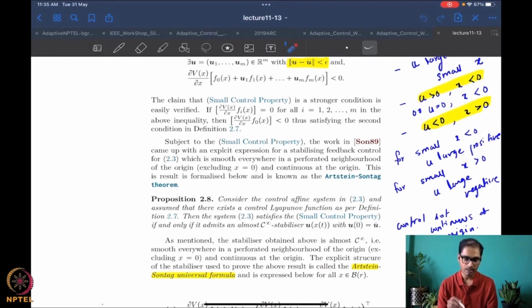Almost C infinity stabilizer. So if you have a control Lyapunov function, then the system satisfies the small control property if and only if there is a C infinity stabilizer, right? So the if and only if is what was rather important for us.